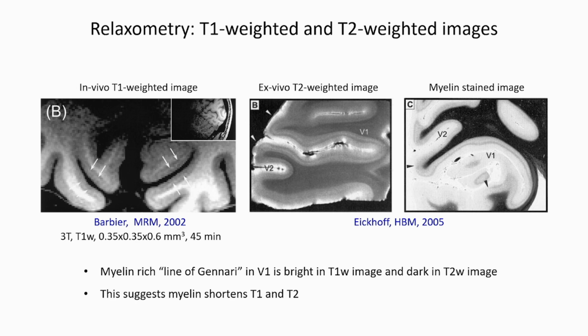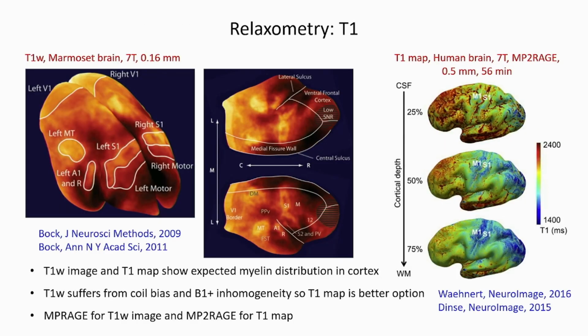And this suggests that if you have a high concentration of myelination in your cortex, you will see a shortening of T1 as well as a shortening of T2. And that idea has been exploited in a number of studies, including this one on the left, that shows the T1 weighted images of the marmoset brain at the resolution of 0.16 millimeter isotropic voxels.